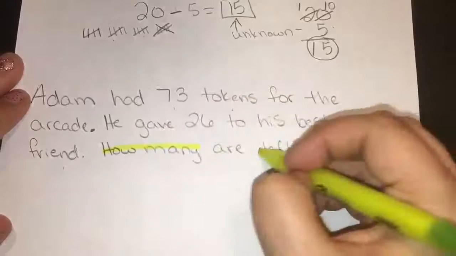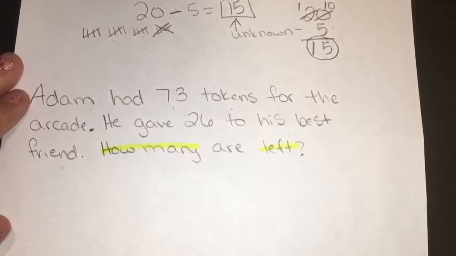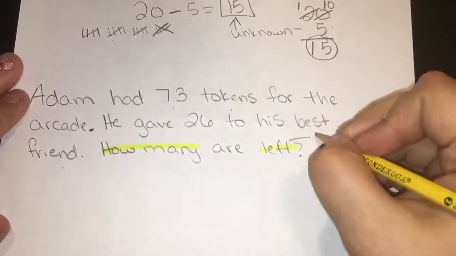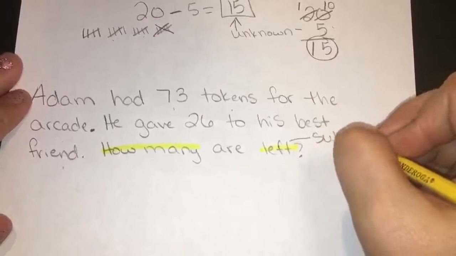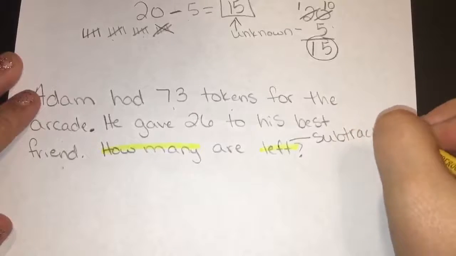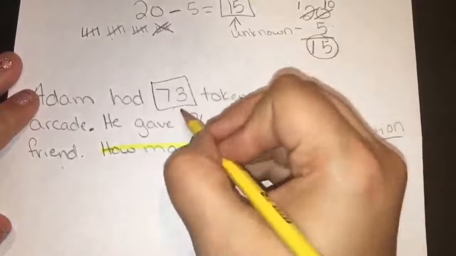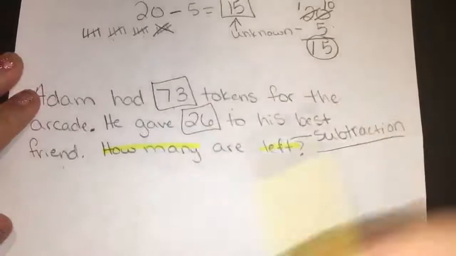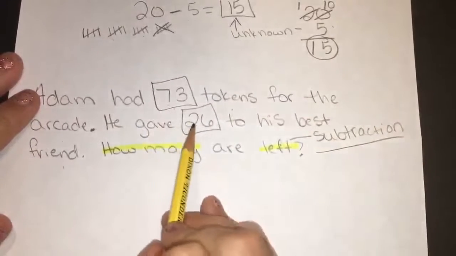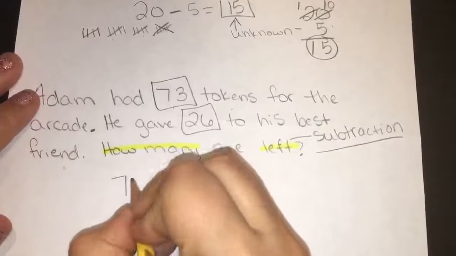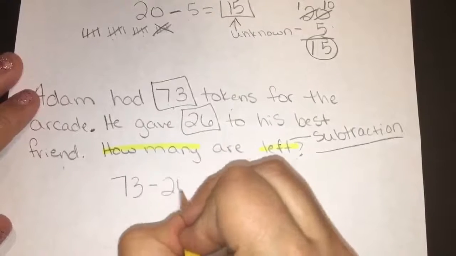How many and left? So that tells us it is subtraction. Okay, so we are taking away, not adding. Let's box our numbers. So 73 minus 26, I'll write it correctly this time.